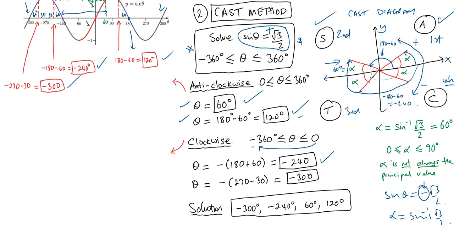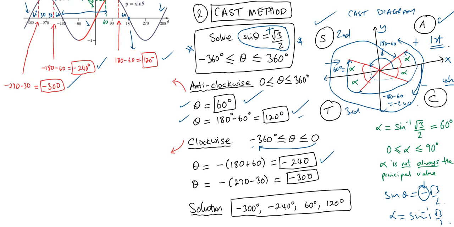And the final one, sorry for all the scribbles, but this is what you have to do, is we go all the way around here now and all the way back to there, because we're going negative now. We're going in the range of 0 to minus 360. We go all the way around to this alpha. We can use this one because this is in the first quadrant and sine is positive in the first quadrant.